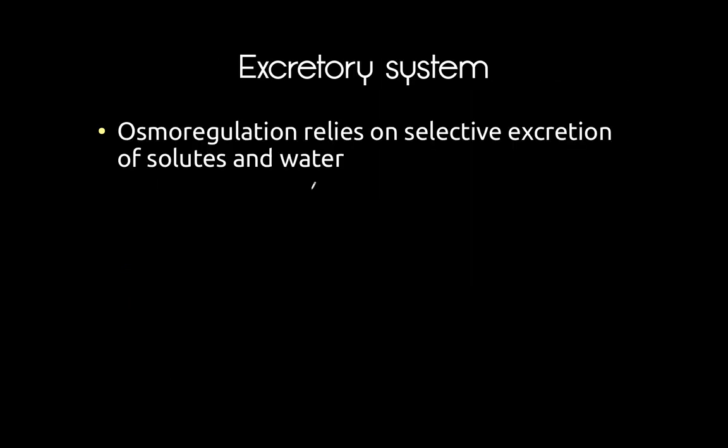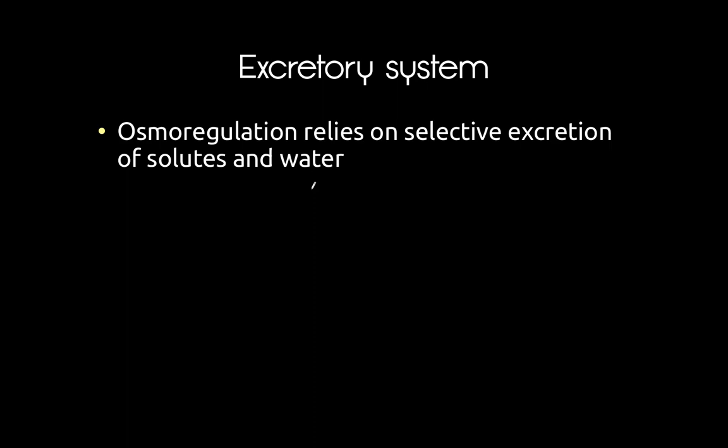Okay, so the major one that we talked about just now of outputs is the excretory system. And this is the one that we're going to be talking about for the next little bit, or for the majority of osmoregulation. And the reason is because this is probably the single most important system when we start talking about osmoregulation in essentially all terrestrial animals and the majority of aquatic animals as well.